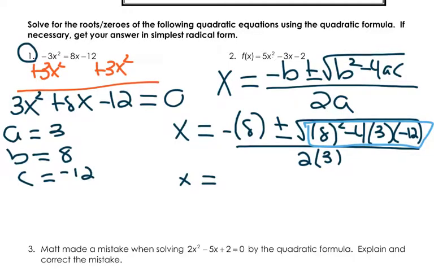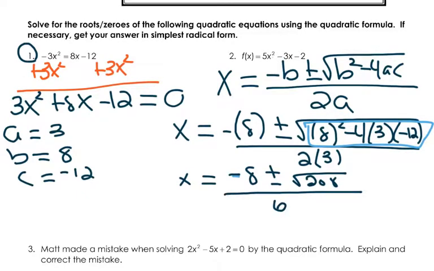So you'd have parenthesis 8 close parenthesis squared minus 4 parenthesis 3 close parenthesis open parenthesis negative 12 close parenthesis, and you'll get 208. So then you could write negative 8 plus or minus the square root of 208, and all of that is over 6.